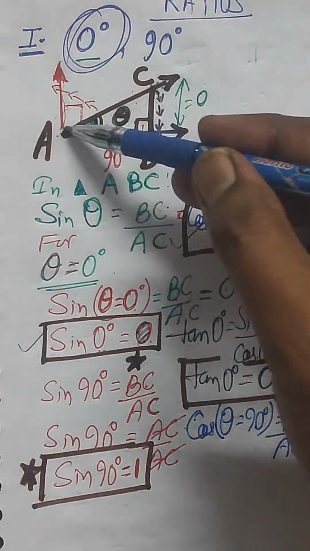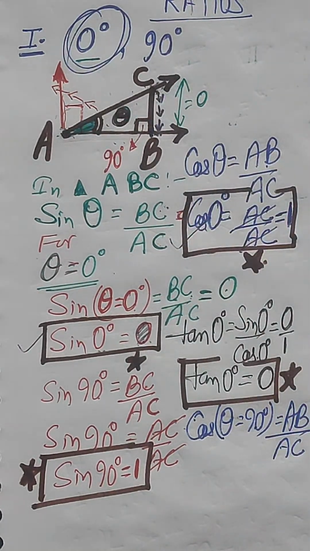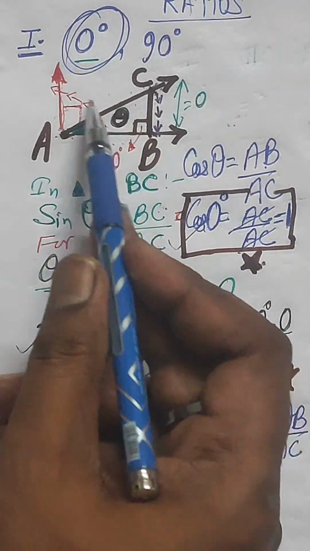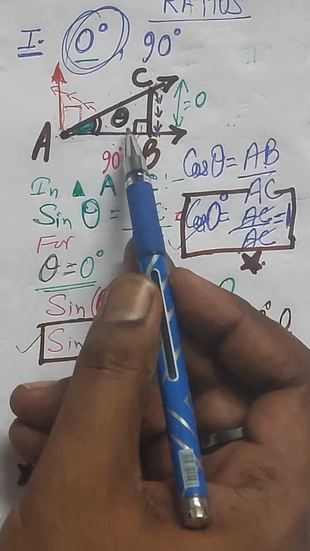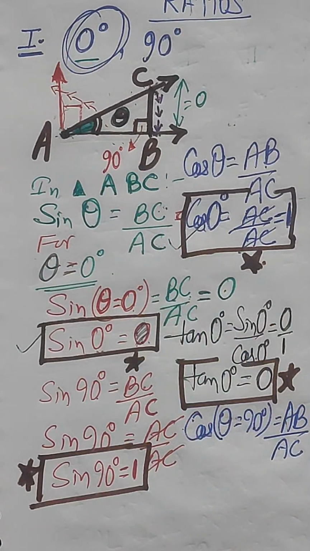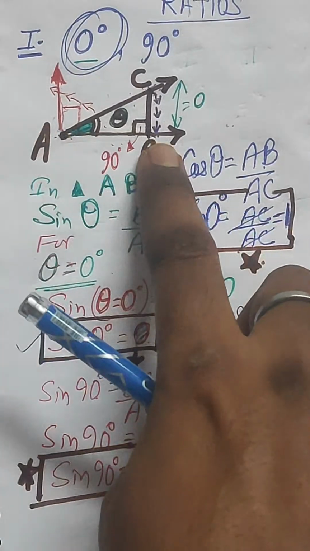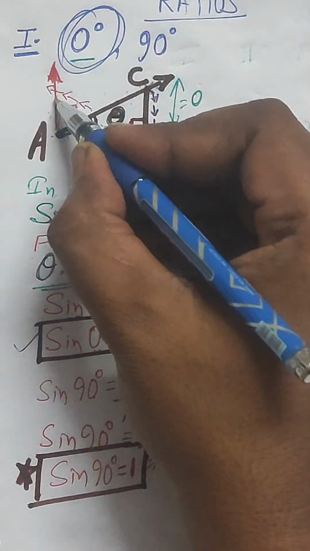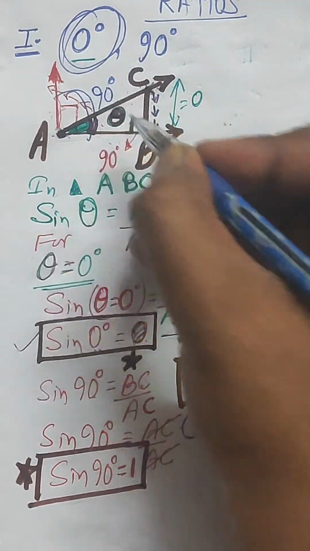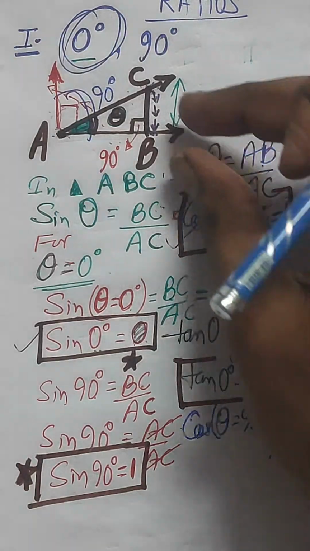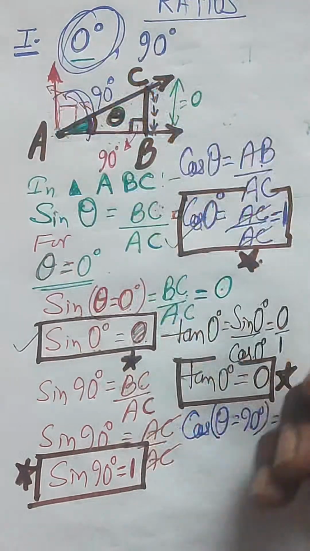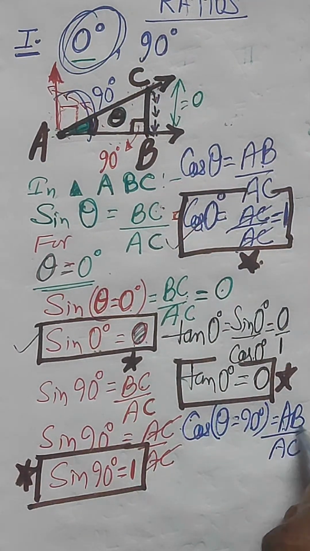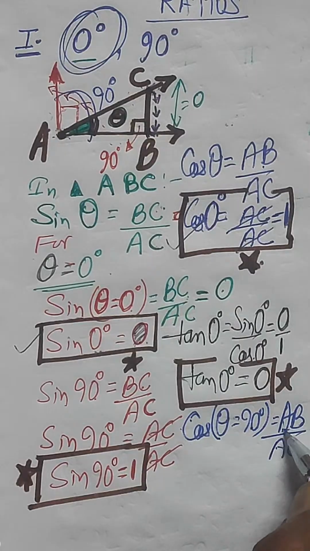Now we know that when theta equals 90 degree, this B will collide with A because BC will be shifting here, then only this angle will be 90 degree. So BC will be shifting here and B will be colliding with A, so the length of AB will be equal to 0.